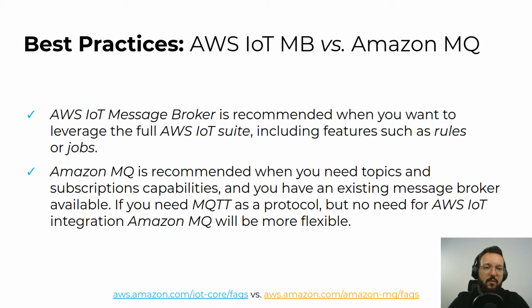It's even simpler if you already have an existing message broker, because in that sense you will probably be much safer on Amazon MQ. On the other hand, if you would like to leverage things like rules and jobs from the IoT suite, then Message Broker is the way to go. So the common element from those two sets, IoT and also AWS integrations, is the pattern for using IoT Message Broker as a service.